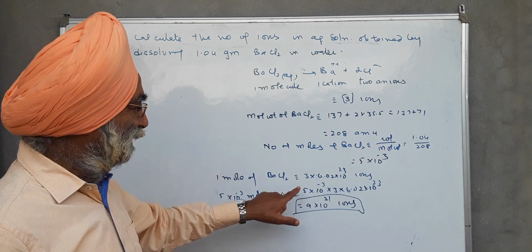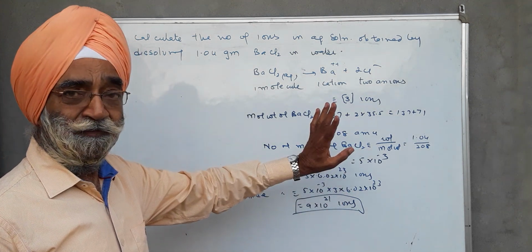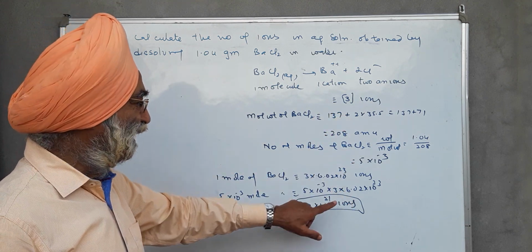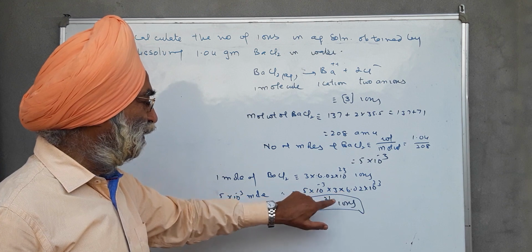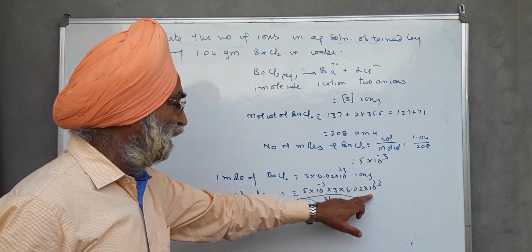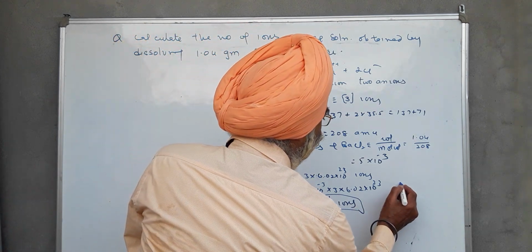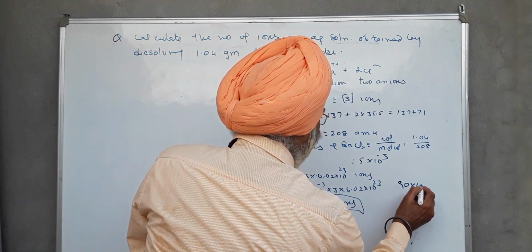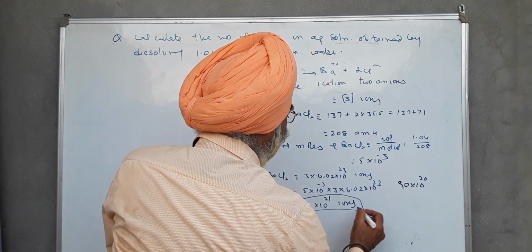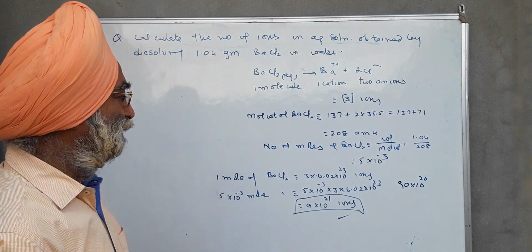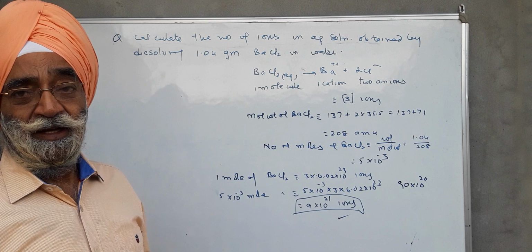How to move? These digits are multiplied separately. Leave this point 0. We have nothing to do with it. Make it 6 into 3, 18 into 5, 90. 10 raised to the power 23 minus 3 is 10 raised to the power 20. What we get is 90 into 10 raised to the power 20. This goes there. So it is 9 into 10 raised to the power 21 ions. It is as simple as that.